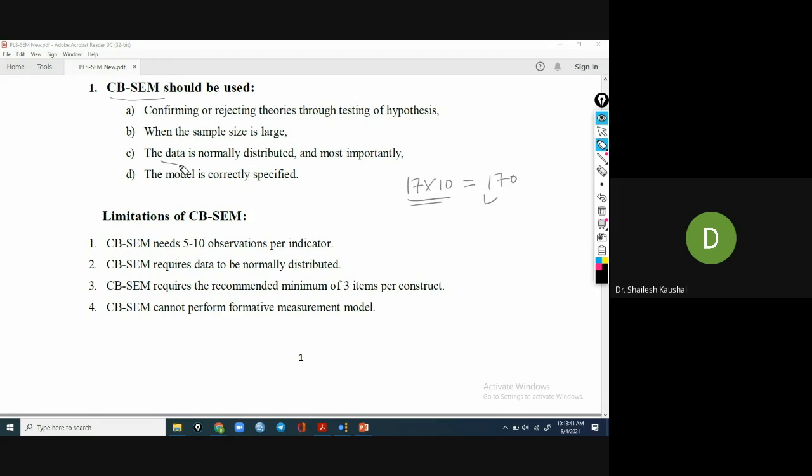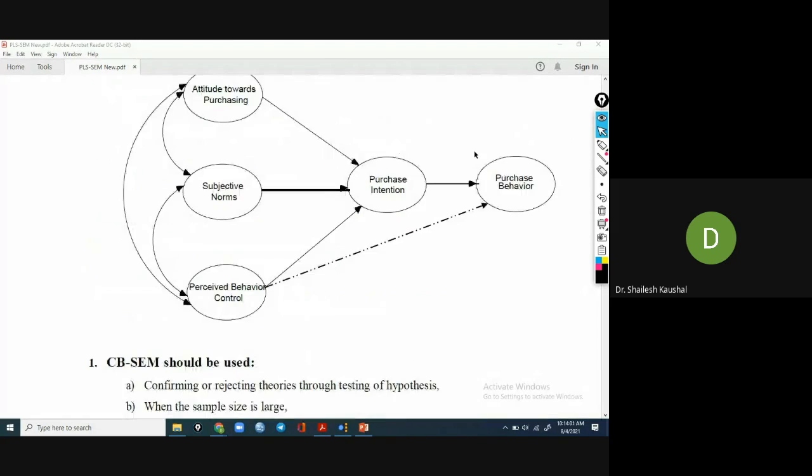The data is normally distributed, and most importantly, the model is correctly specified. Correct specification means that when we specify our model, it should be theoretically based.